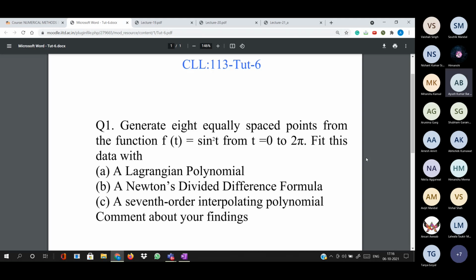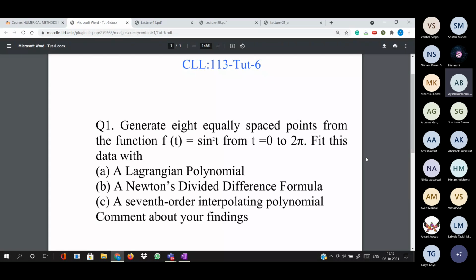Sir, these points have to include 0 and 2 pi also, right? Yes, you have to include them. So, sir, I think in this question we have to first take this interval 0 to 2 pi, and then at the interval of 1/8 of the whole, we have to take 8 points.